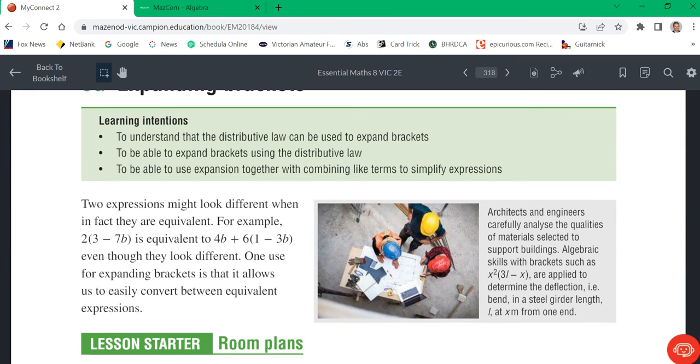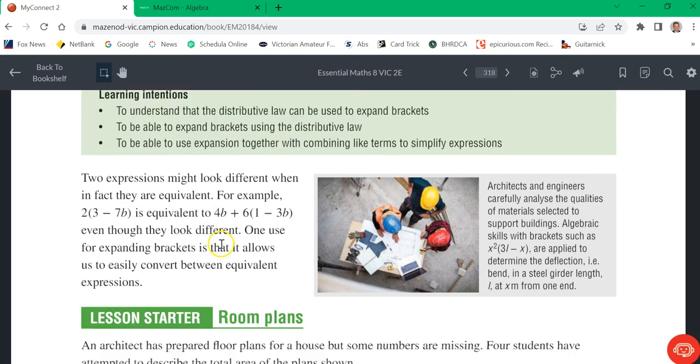Expanding brackets. Now to expand the bracket, it just means anything inside the bracket is multiplied by anything outside the bracket. So at this point here, this 3 and minus 7b are multiplied by the 2. So we end up with 6 minus 14b.